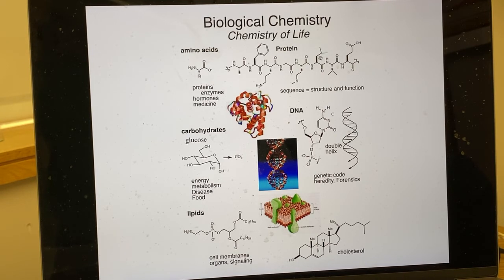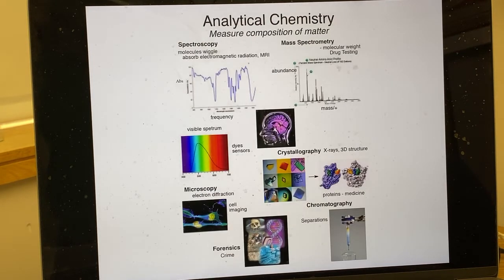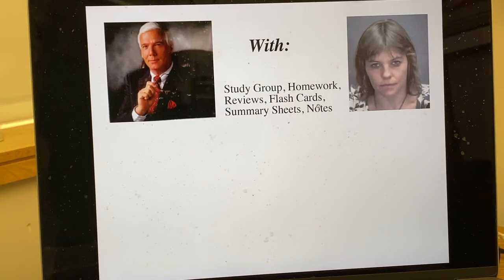They combine together to make proteins. Carbohydrates or sugars, DNA, the nucleic acid material, the heredity molecules, and then the lipids, the nonpolar materials, including the hormones anyway. Analytical chemistry, yeah, we'll do a little bit about this, mass spec and NMR that we'll see later on. So hopefully that gives you a little overview to know what you're up against.